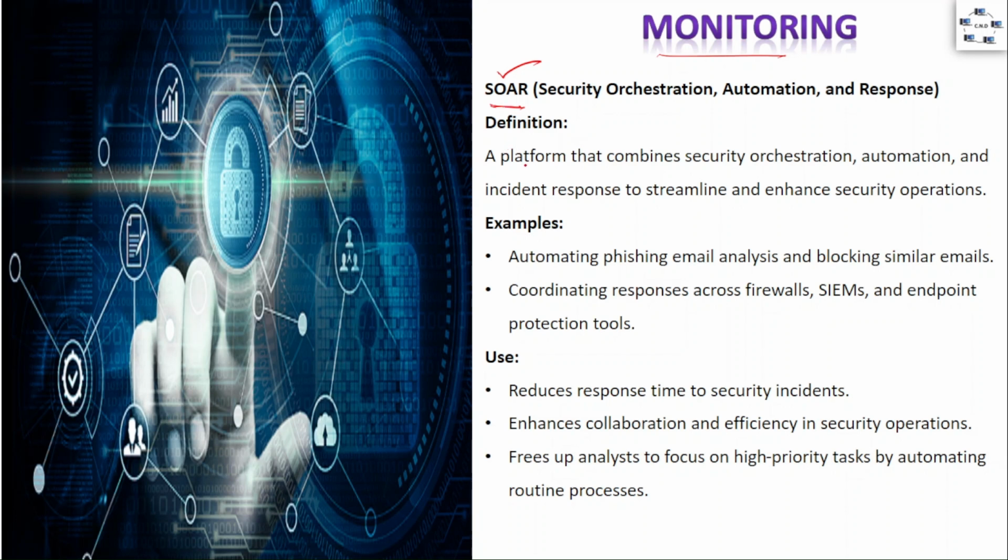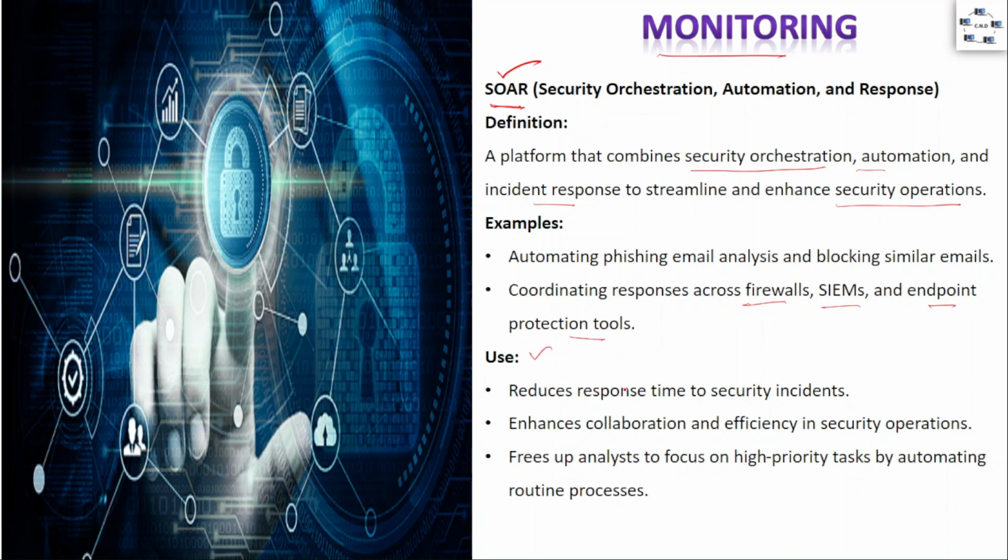So the definition is that it is a platform that combines security orchestration, automation, and incident response to streamline and enhance security operations. Examples include automating phishing email analysis and blocking similar emails, and coordinating response across firewalls, SIEMs, and endpoint protection tools.